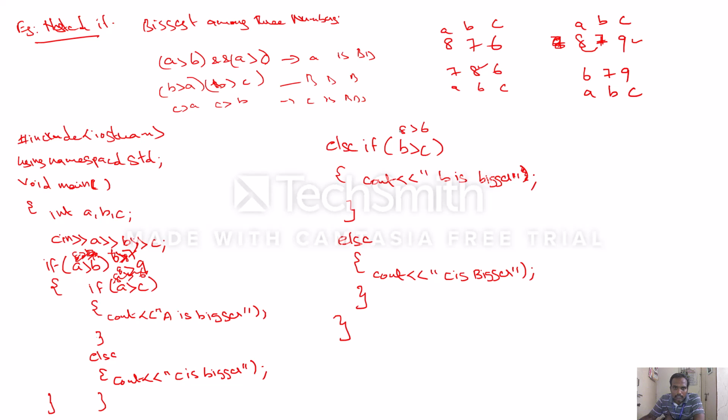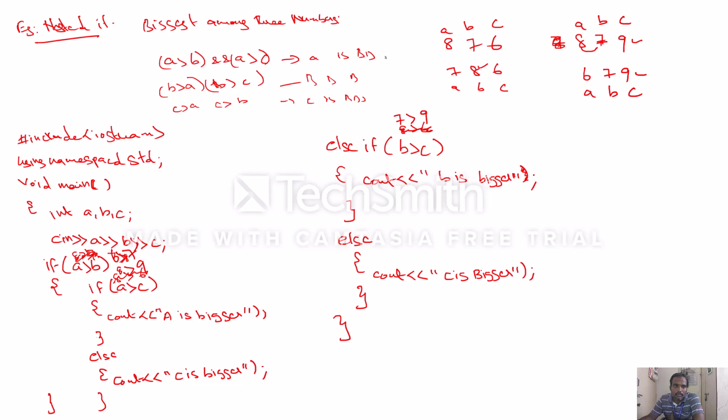Next it comes here and checks B greater than C, 7 greater than 9. Here also the condition fails, so it goes to this else and prints C is bigger. So I explained with 4 sets of examples, and for all of them it produces the correct output.